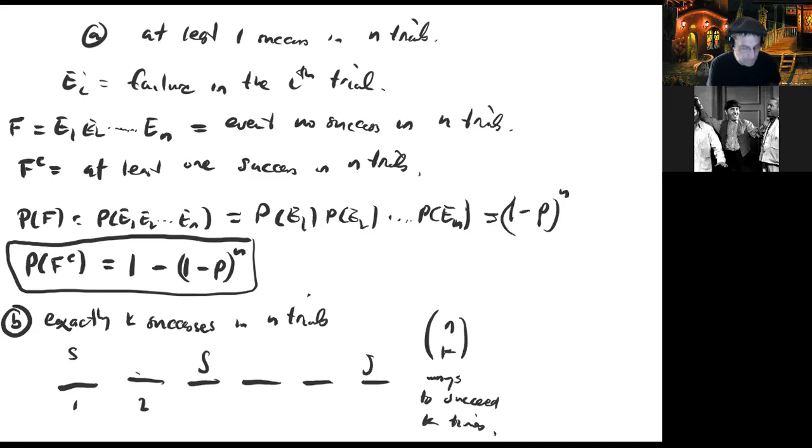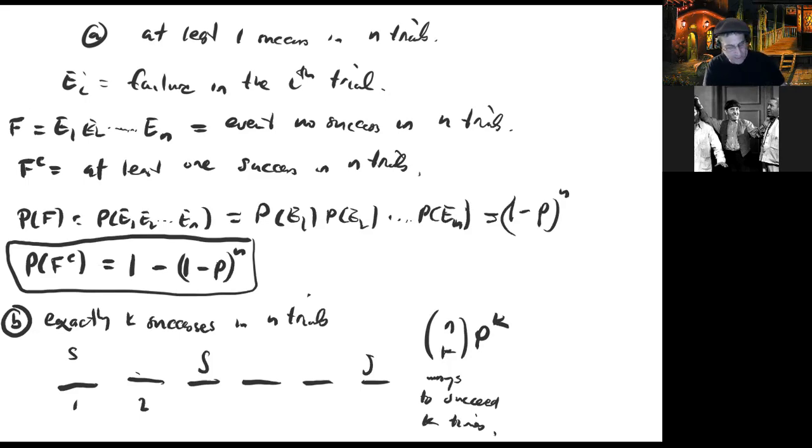Okay, but now what is the probability of each configuration? Well, every time you have an S, that gives you a contribution of P to the probability. And remember, the probabilities are going to multiply, right? So if you're going to have K S's, that means there's a contribution of P to the K to the probability.